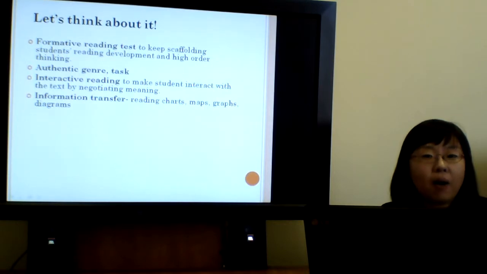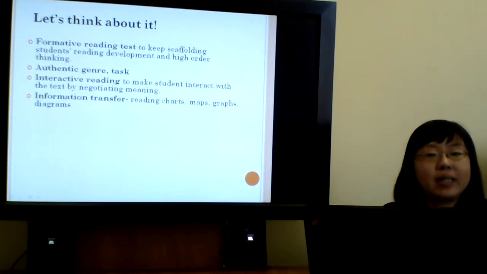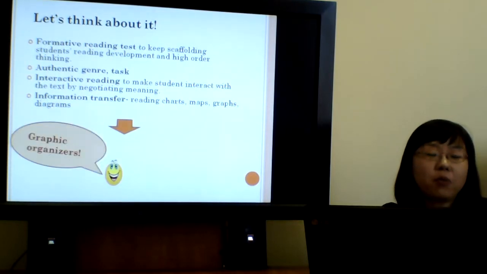So we thought that using visual aids like charts, maps, graphs, or diagrams can be a good tool for students to interact with the text. So that's why we thought of the graphic organizers for our formative reading assessment.